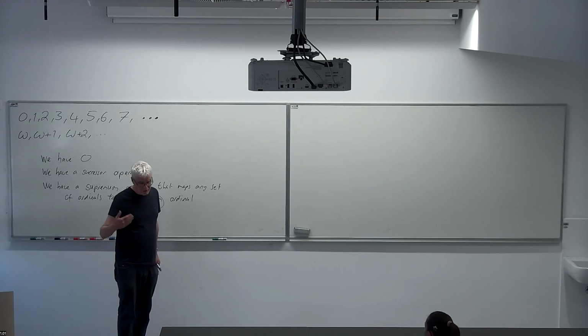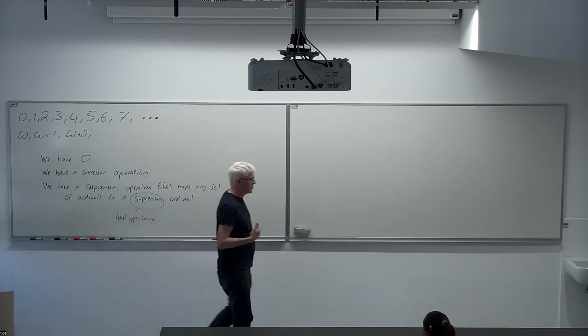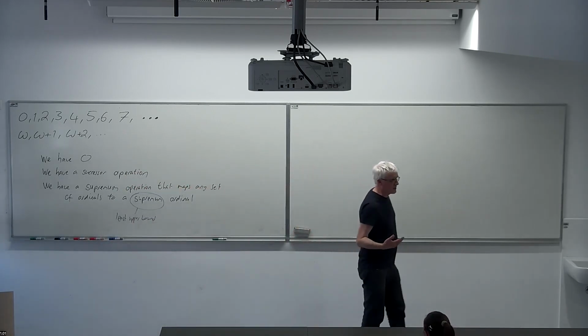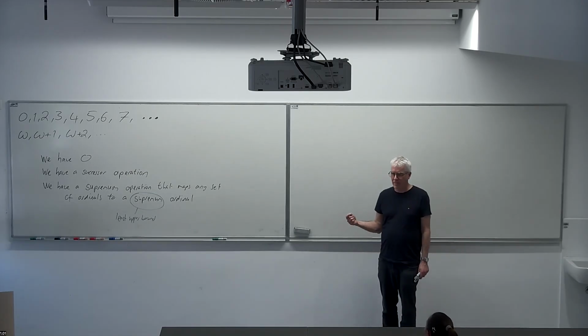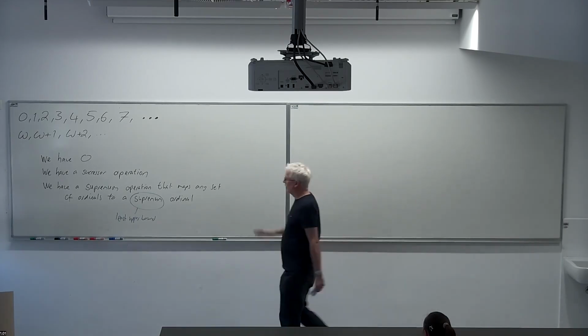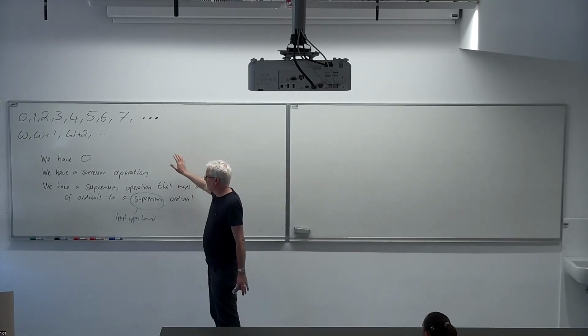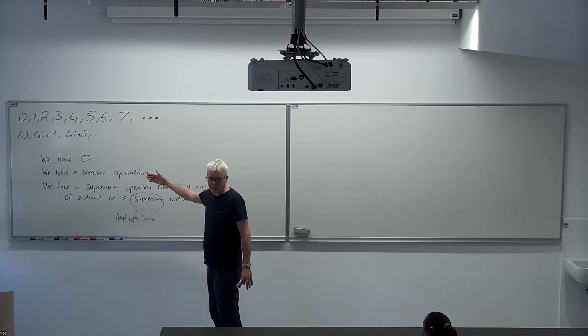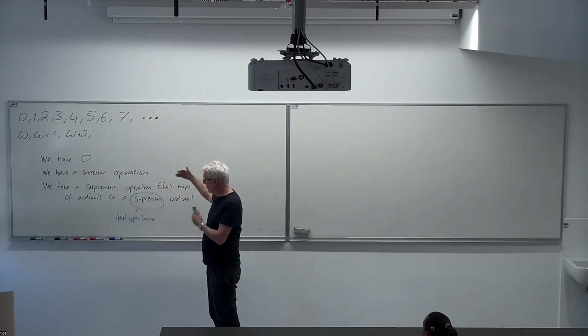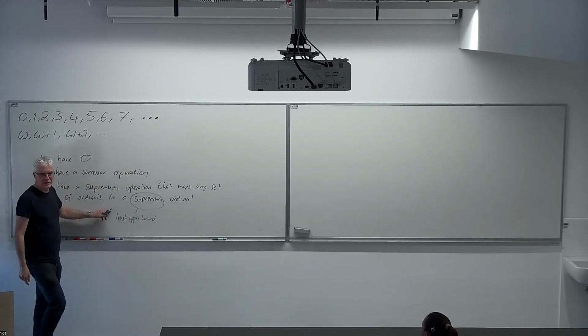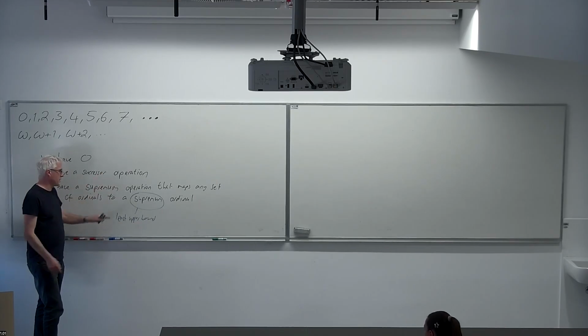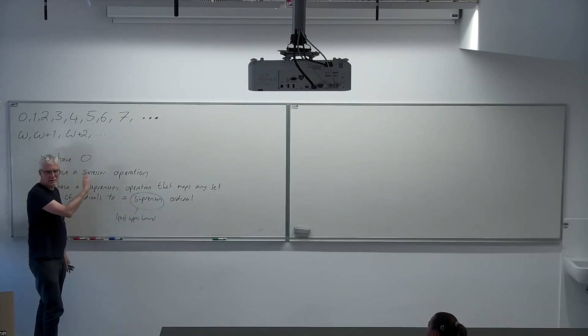A more modern and more natural approach to the real numbers is to axiomatize the real numbers as a complete ordered field. And a more modern approach to the ordinal numbers is to axiomatize them as an ordered structure that supports these operations and basically has a principle that says these operations generate the ordinals.